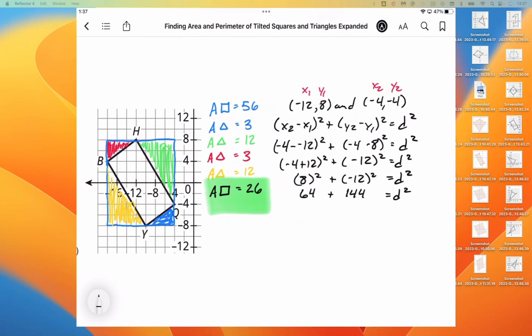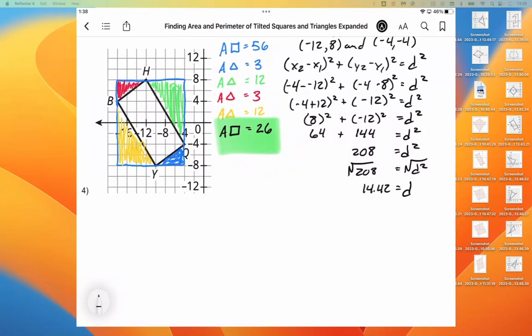And that's going to be 208. Square root of 208 is going to be 14.42. That's going to be the long side.